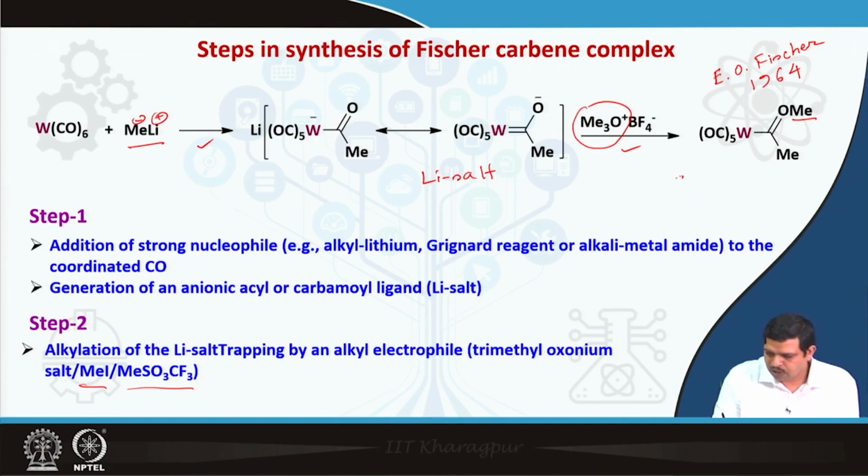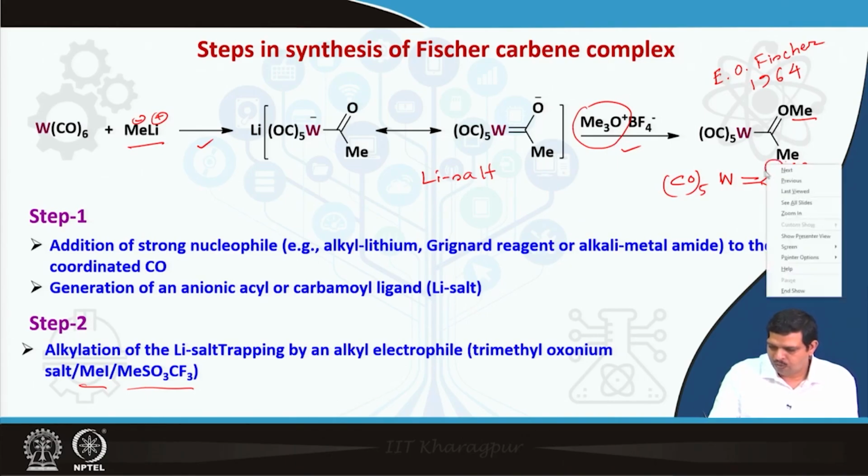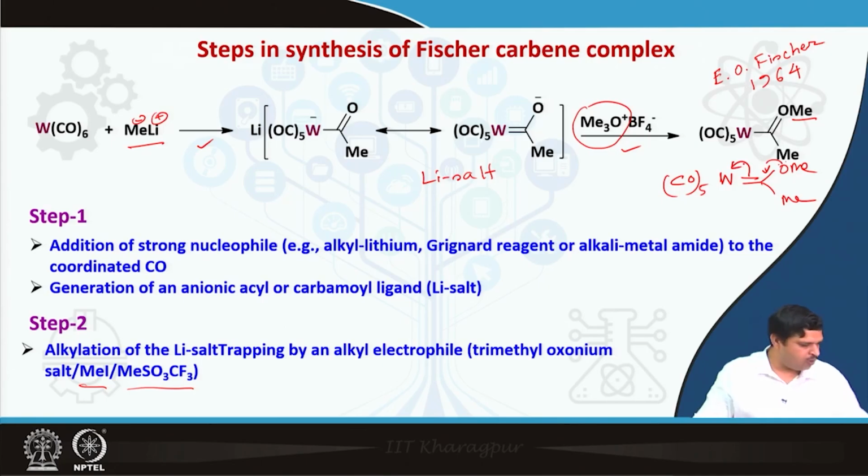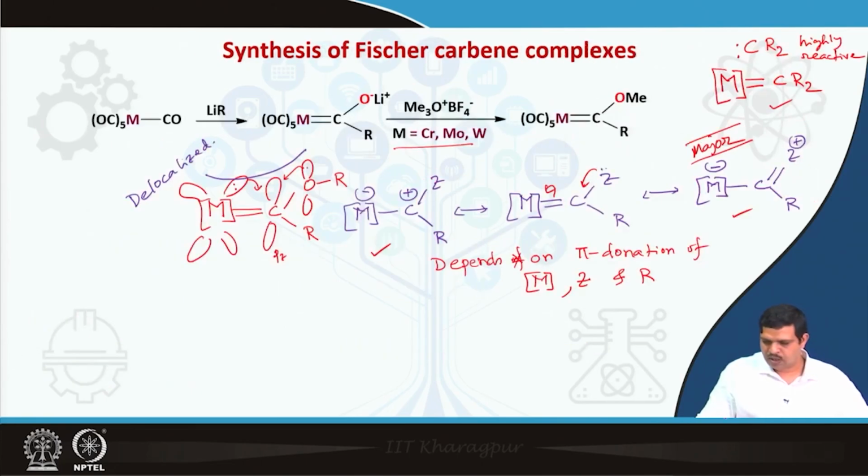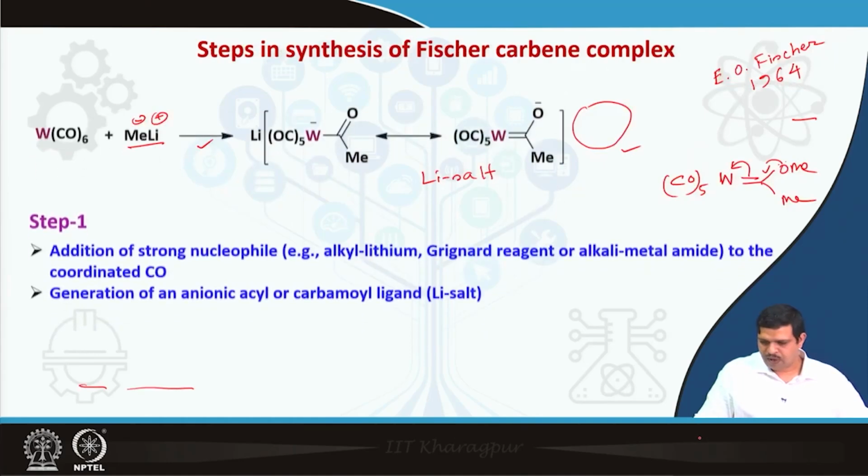So it's basically the CO5W, OMe and Me, this one, fine. This is written in another form actually, so this is basically the O plus, O minus, as we discussed here, same thing, fine.